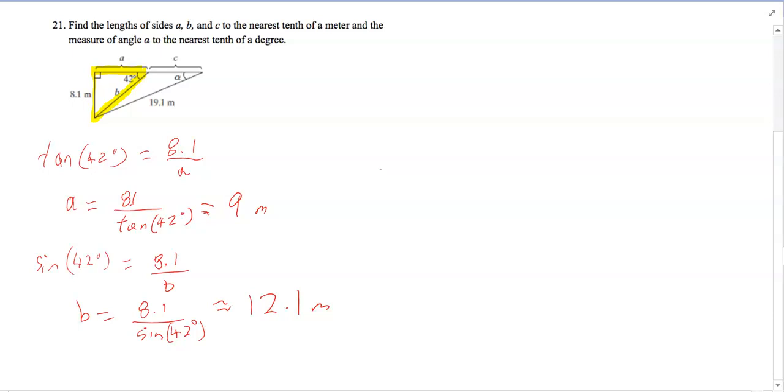Then we need to find C. Okay, so C, we're thinking about a bigger triangle. Now, we're thinking about the bigger triangle.